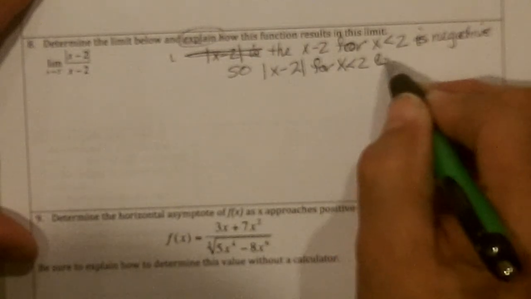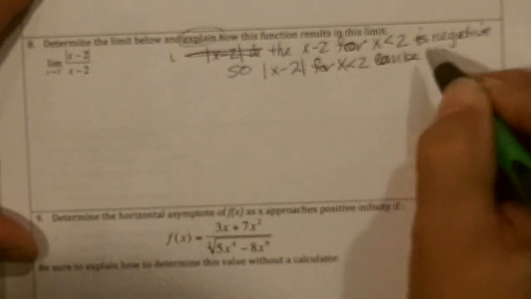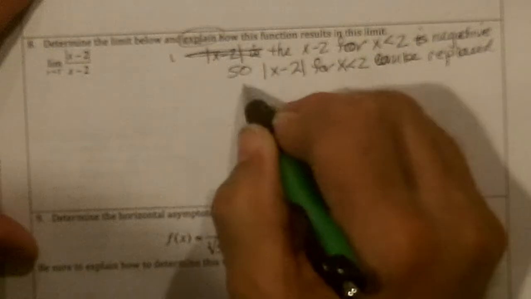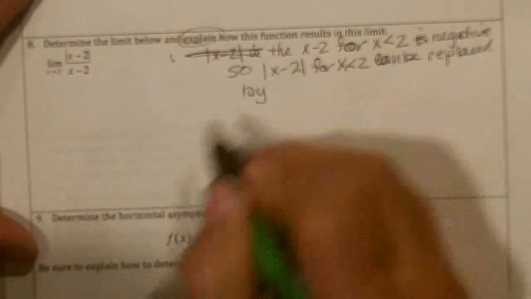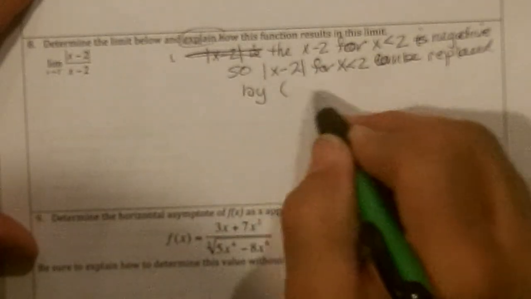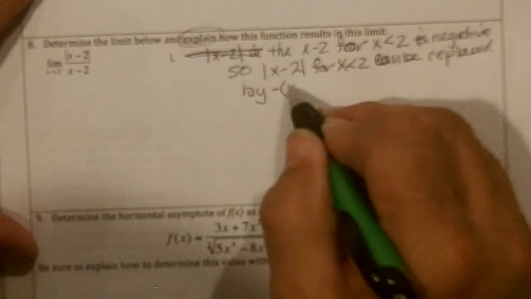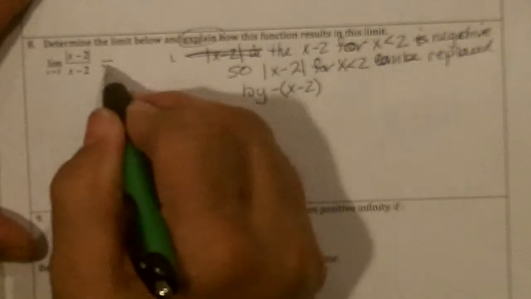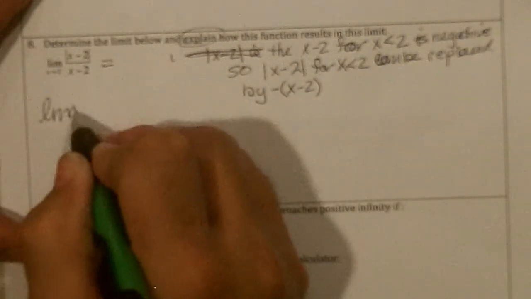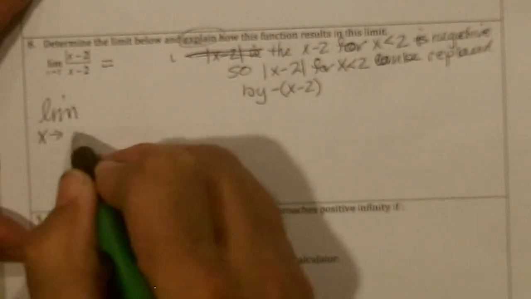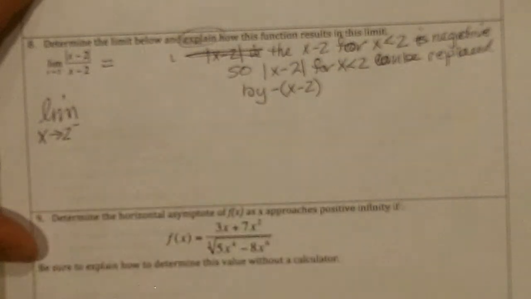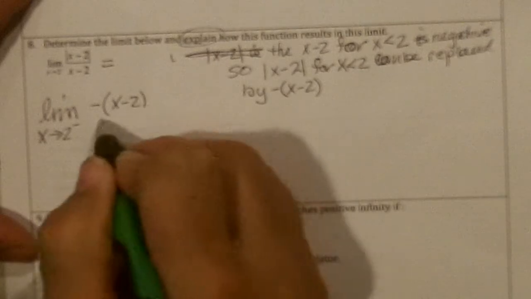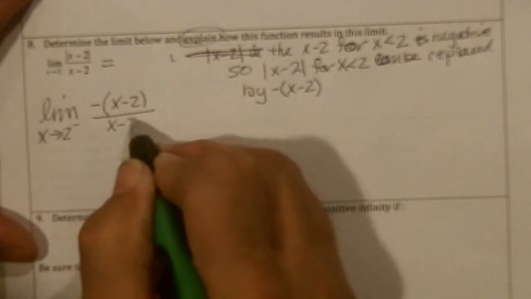can be replaced by, well, the absolute value would change the sign, so we just say the change the sign of x minus 2. So this limit becomes the limit as x approaches 2 from the negative side of the negative of x minus 2 over x minus 2.